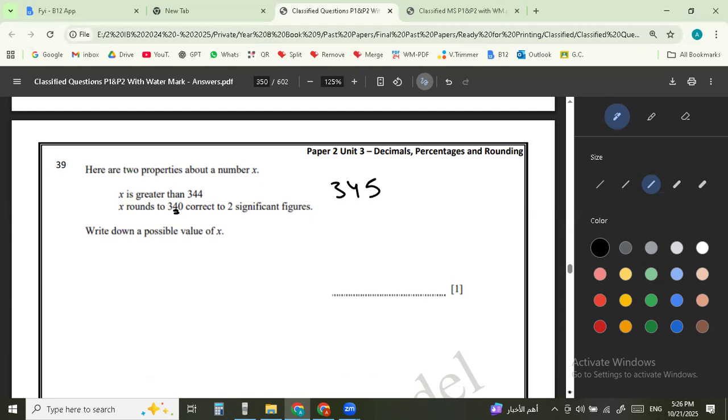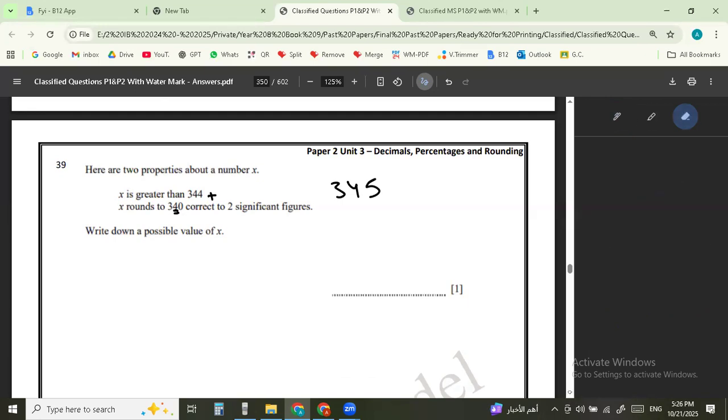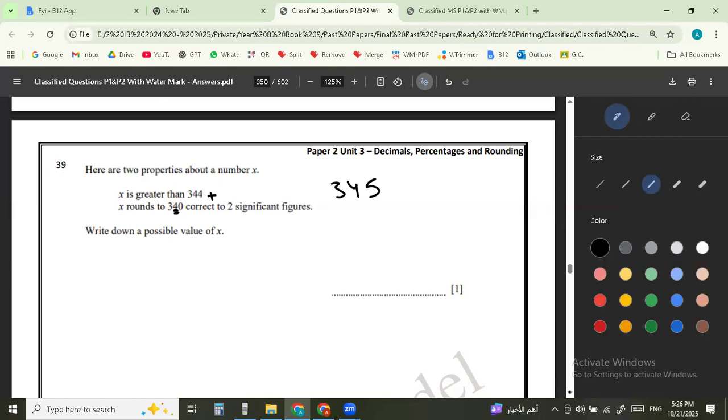So how can I do this, mister? Then I added only one. It didn't work. And they said x is greater. Yes. So I need to add smaller than one. If you add any decimal that is smaller than 1, let's say 0.1, 0.2, 0.5, whatever you want to add, the number can be 344.5.